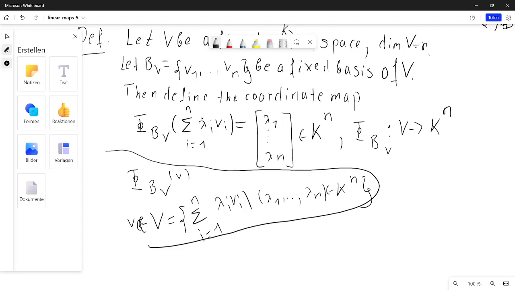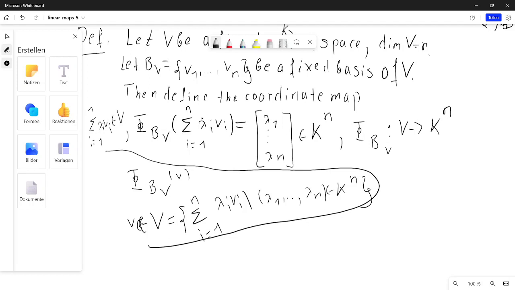So this is the same as defining it for any v in V. So I can as well define it for such v, with v being in V.